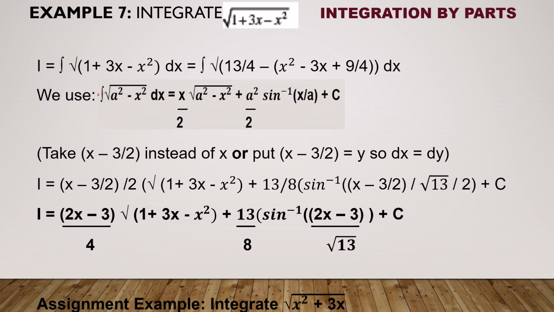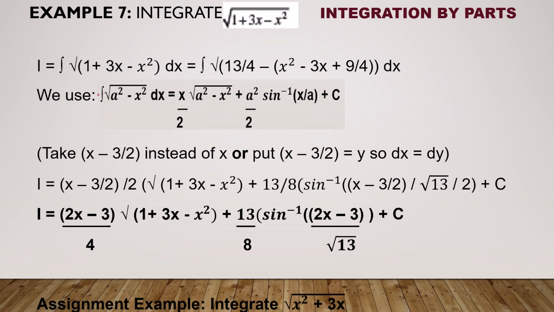Now either you can do it in 2 steps, but since you directly know the formula, instead of x, just put x minus 3 by 2. So in the above formula, I put x minus 3 by 2 instead of x, and root 13 by 2 instead of a, or a square is 13 by 4. Just put the values in the above formula.